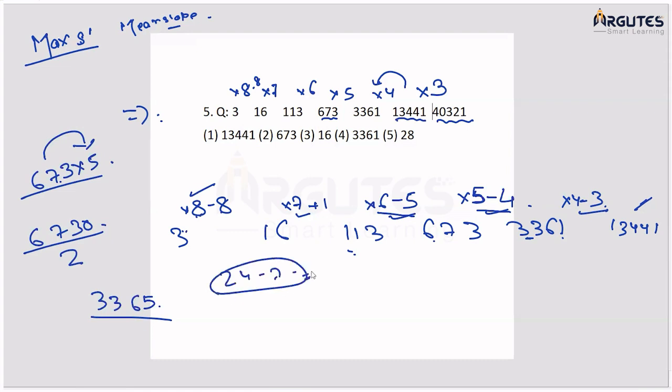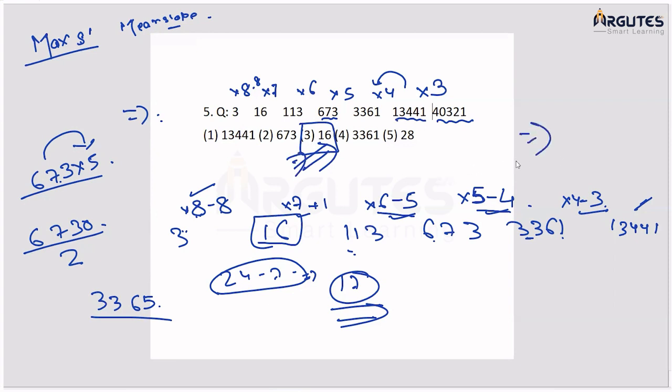So this is not 16, this is 17. Now we come to know that this 16 is our wrong number. So our option will be option 3, that is 16.